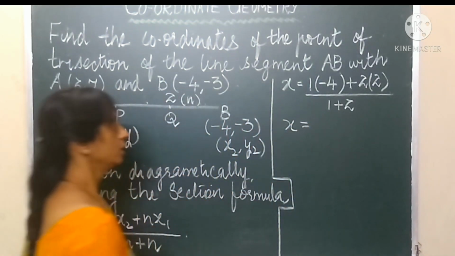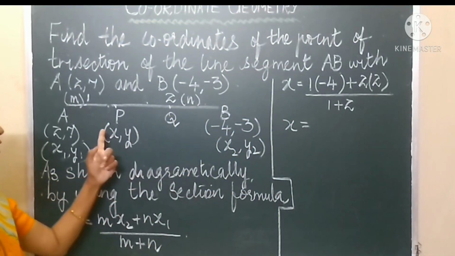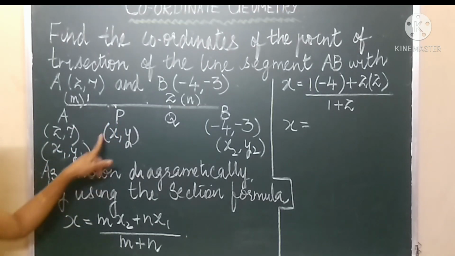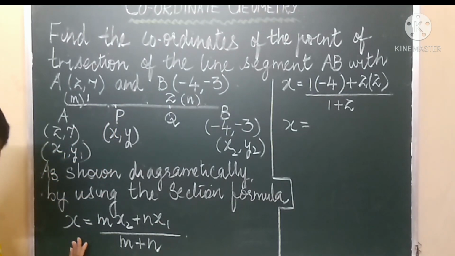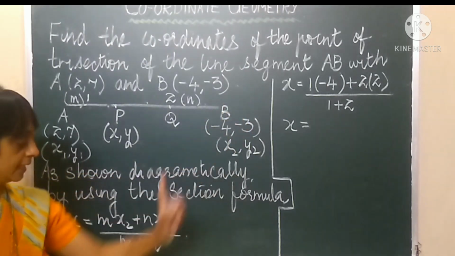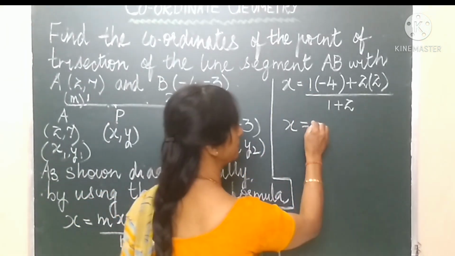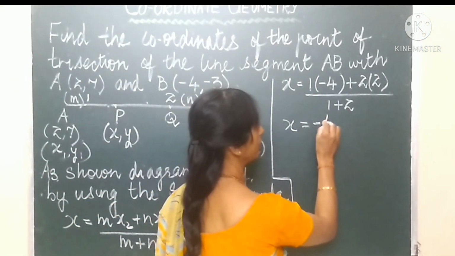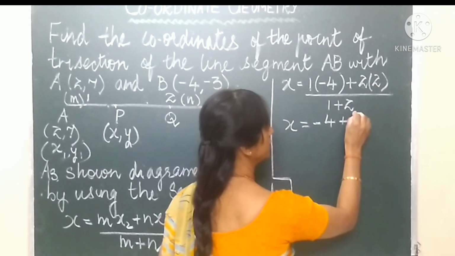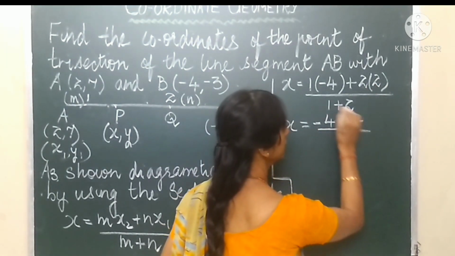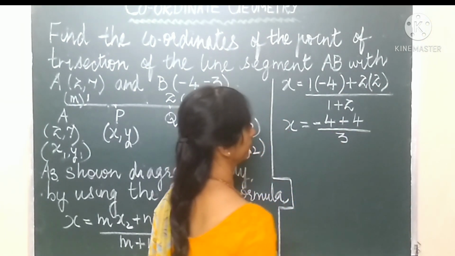Let's move on to calculate finally the coordinate of point P, that is the x coordinate of point P, using which formula? Once again I repeat, x is equal to mx2 plus nx1 upon m plus n. Plus into minus gives us minus, 4 ones are 4, plus 2 twos are 4, upon 3.